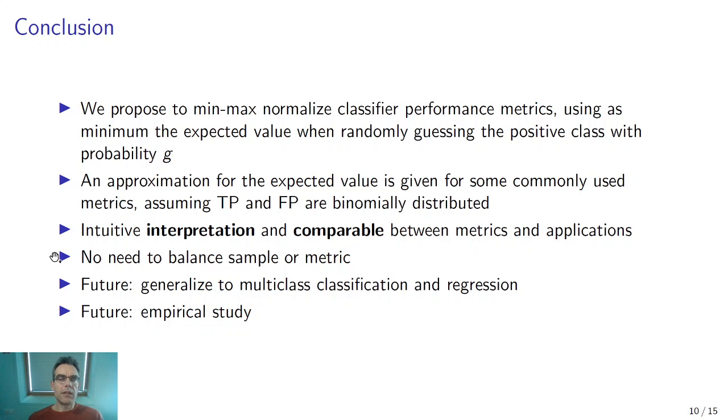There's no need to balance the sample or the metric, and in future research it would be interesting to generalize this idea to multi-class classification and regression and apply it to empirical studies.